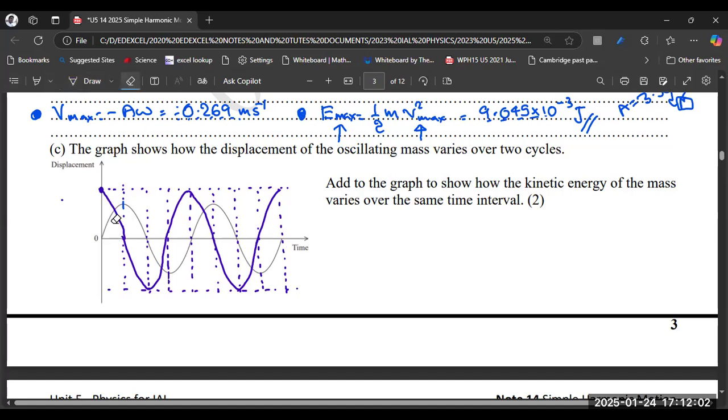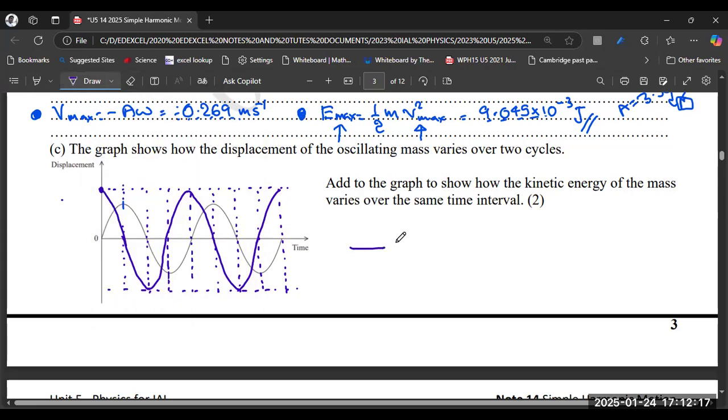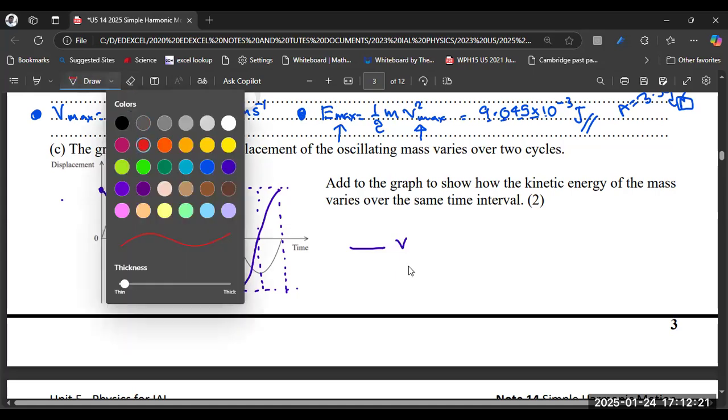Now you've got the velocity graph, and this line is velocity. In the exam, you can draw it and get the idea, or draw it separately and get the idea only.